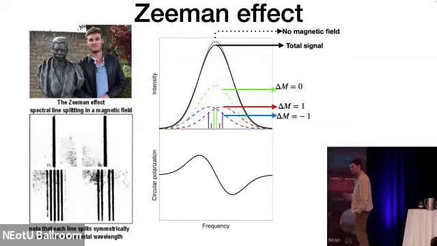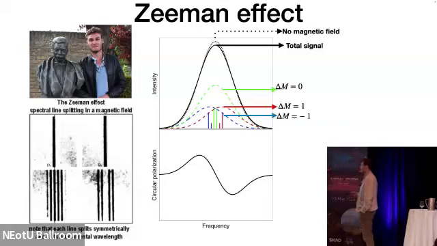Our line widths are much larger than the splitting of the Zeeman effect. So we have to go to polarization to measure this effect. And usually what we do is we look at the circular polarization, where we subtract one emission group from the other, where one emission group is associated with right-handed circularly polarized emission and the other one with left-handed circularly polarized emission. So you get this V-shaped signal.